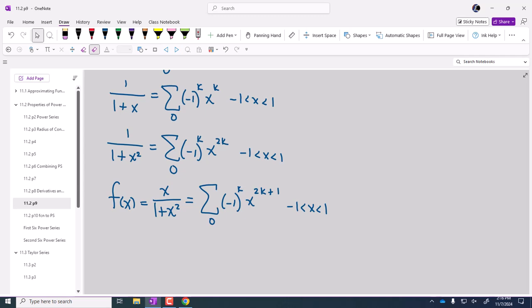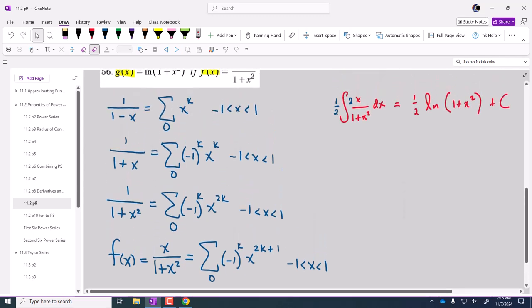If one is multiplied by x, the other is multiplied by x too. The difference between the powers is the same, whether the power was 2 and 3 or 3 and 4 or k and k plus 1, so the simplification will lead to the same exact interval of convergence. Multiplying by x, or by a constant, doesn't change the interval of convergence. We now have a power series for f.